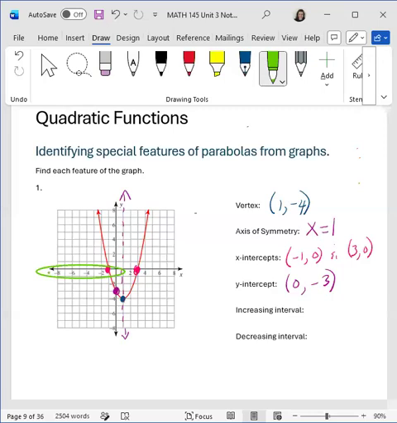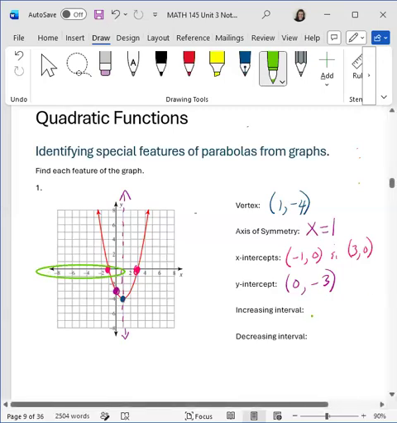So I would name those by -∞ to 1. So that's interval notation. So this is saying from -∞ to 1, the graph is decreasing over those x values. Notice my value of x is the same as the vertex value.